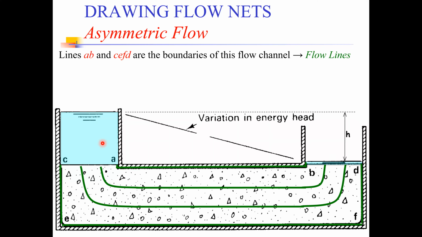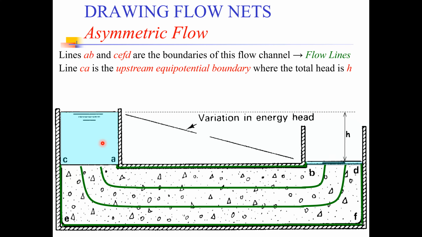Now, how can we determine the equipotential lines? In order to draw the equipotential lines, first of all, we have to determine the permeable boundaries, because you know that equipotential lines are parallel to the permeable boundary. So first of all, we have this line CA as our first permeable boundary.